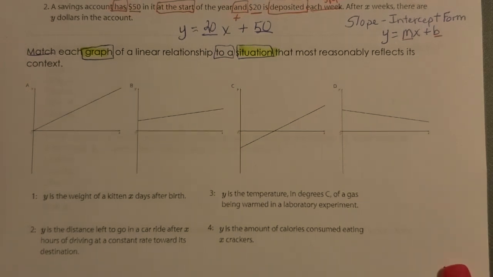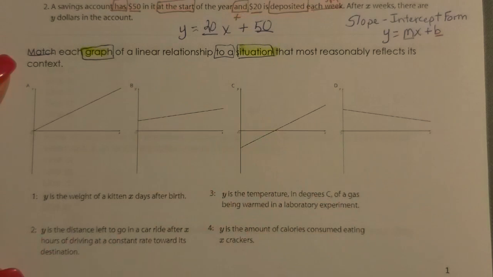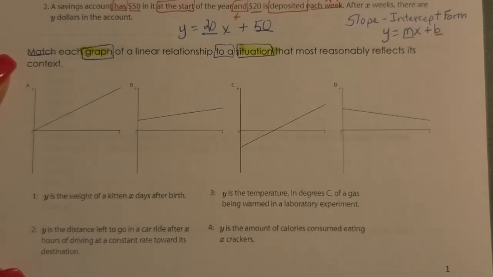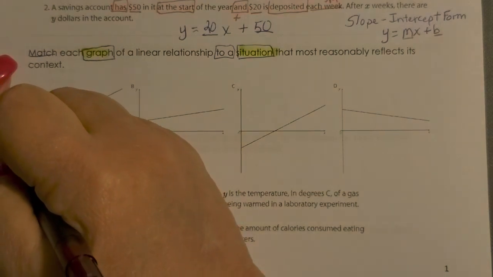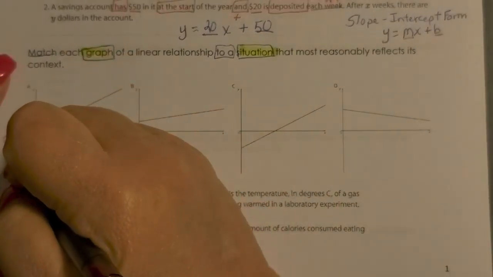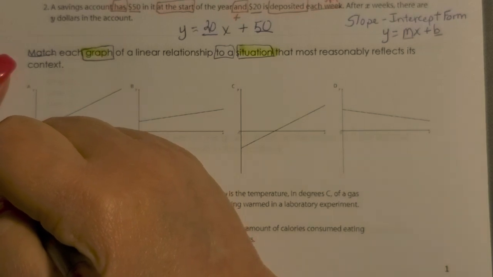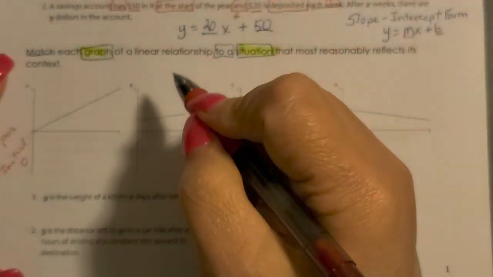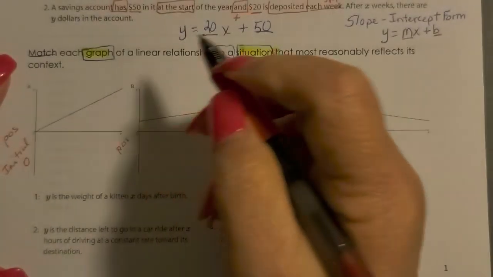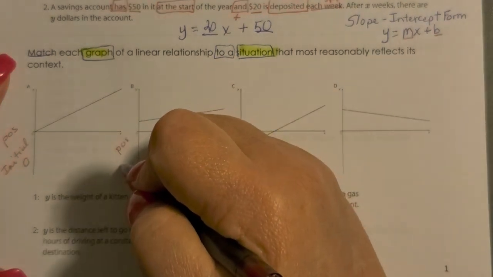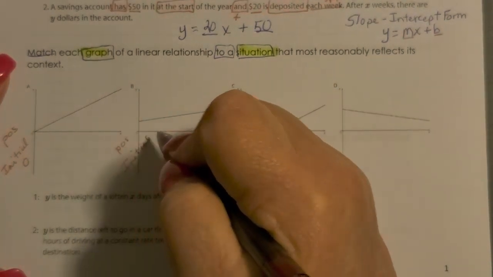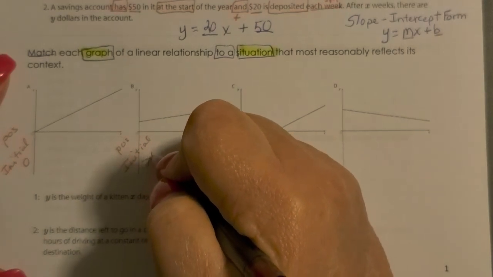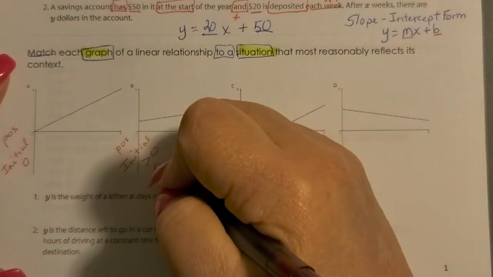The next question asks us to match a graph of a linear relationship to a situation that most reasonably reflects the content. Well, let's look at our graphs first. Graph A has a positive slope, and its initial value is 0. The second graph is also positive, but its initial value is greater than 0, so it's a positive number.